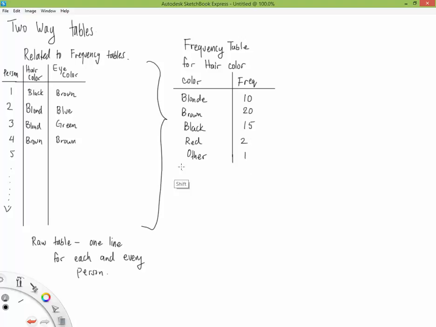And there you go. There we have a frequency table. And if we wanted to, we could make a graphic display. What would our graphic display be? What is it called? It's called a bar chart, if we wanted to.